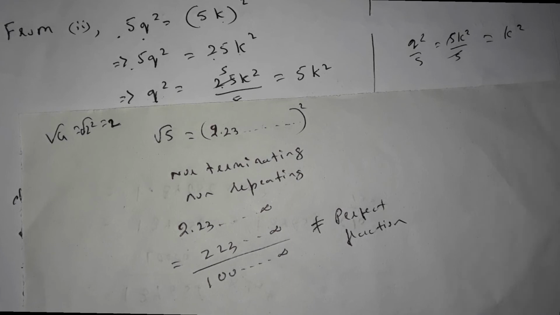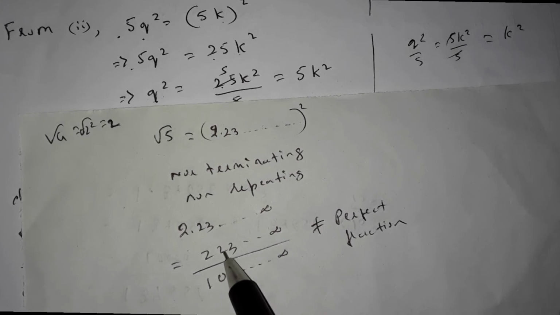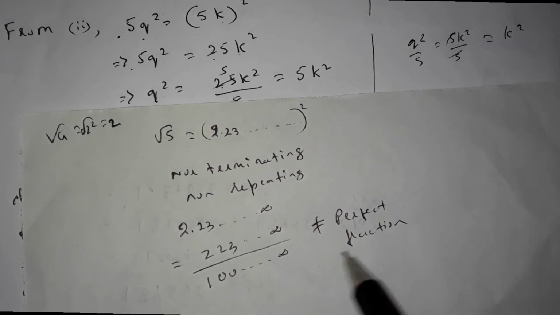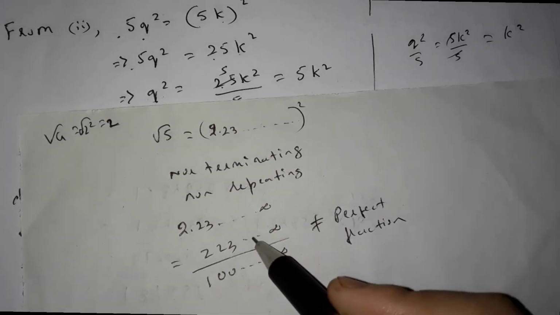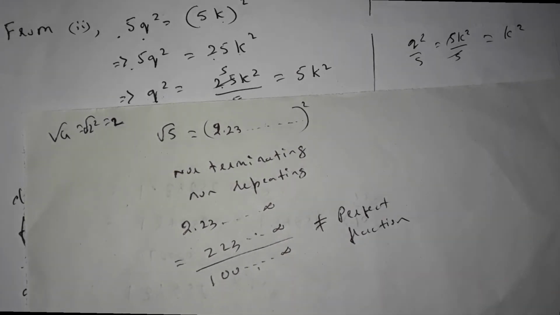You will never get a fraction out of root 5, because the denominator here will never end, and the numerator also will never end. It will never end from both sides.